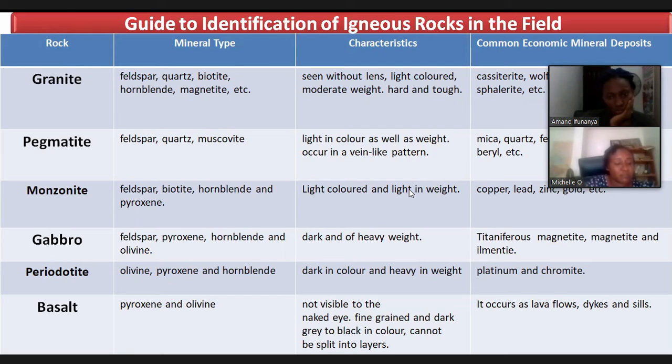Is that not true? Do you understand what I'm saying? So it doesn't mean that once you see monzonite, there must be copper, lead, zinc, or gold. No. It is only trying to tell you that this is one of the rocks that is associated with some of these minerals. But other necessary conditions must be there for the mineral to accumulate.